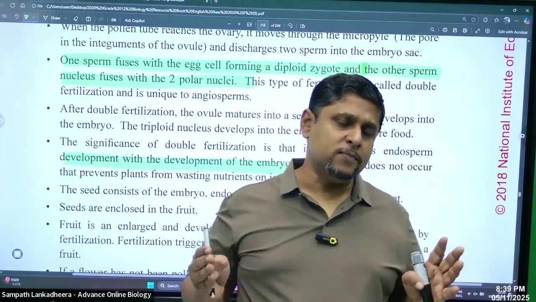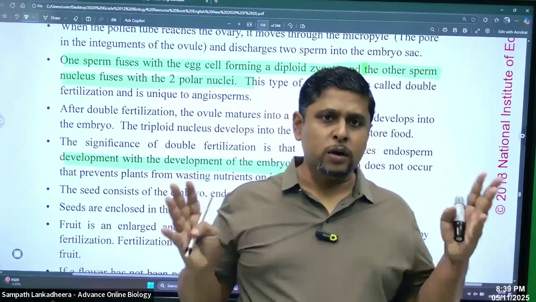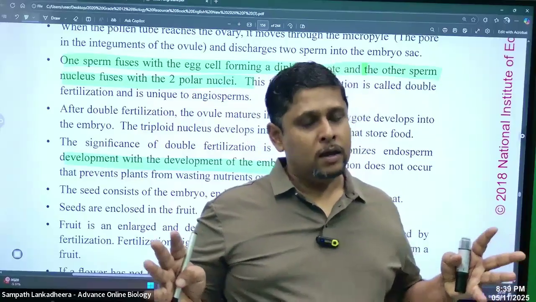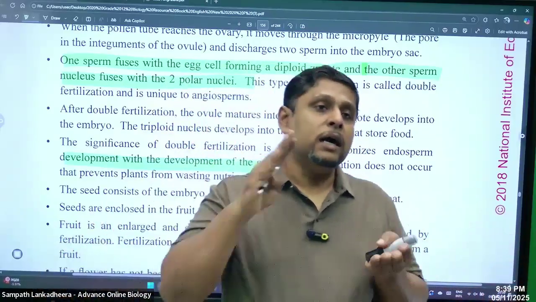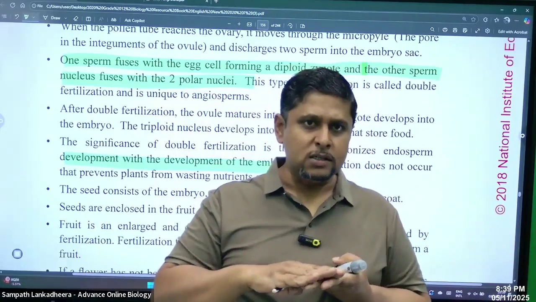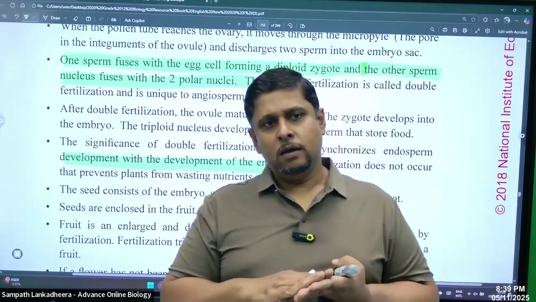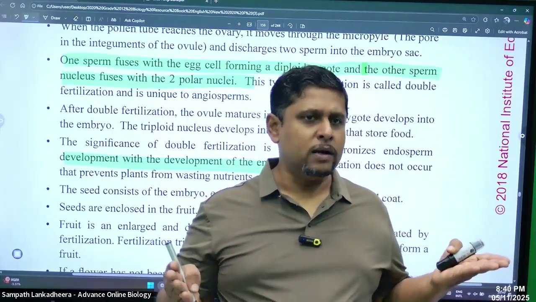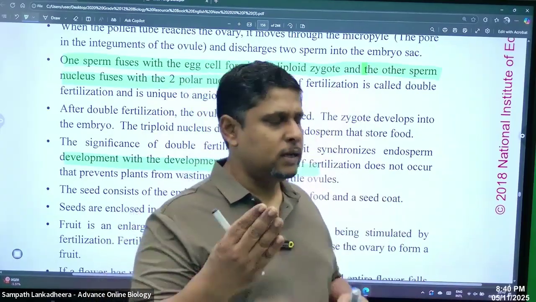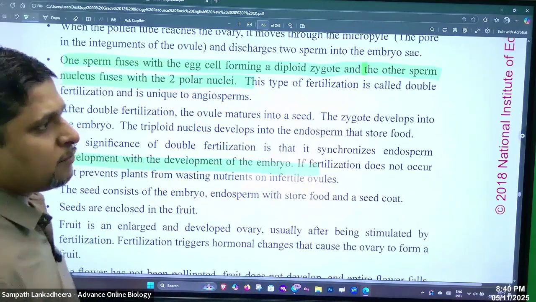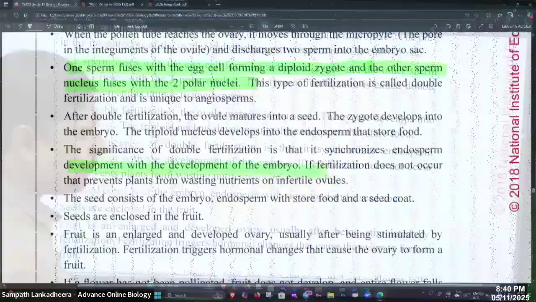Because in gymnosperms, whether the zygote forms or not, the endosperm is going to form. So it's an unnecessary wasting of food, right? So this can be avoided. That's a good plan of the flowering plants, okay?